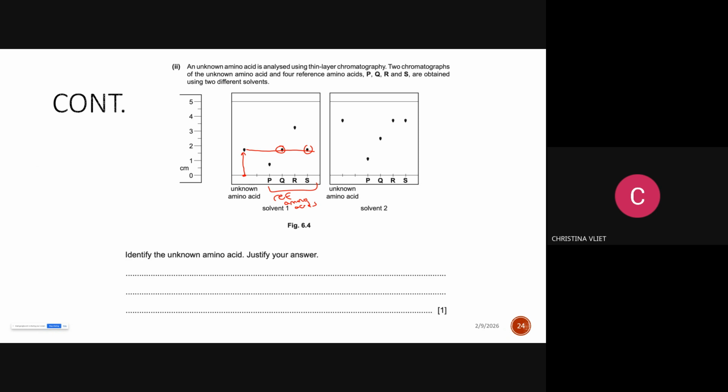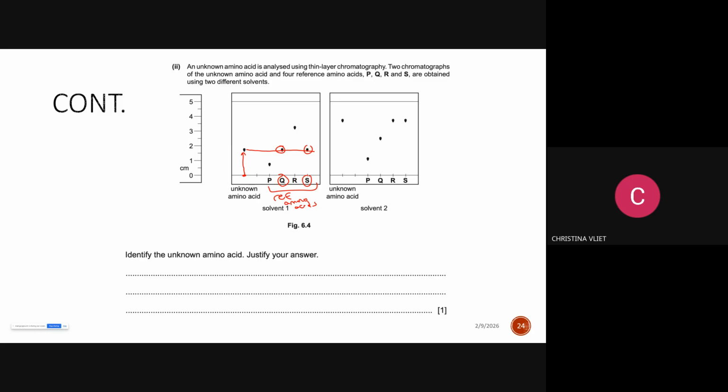So that's the first one. It says it could either be Q or S. If you think about it like that, it's like suspect P, suspect Q, suspect R, suspect S. We don't know what they are. So it's one of these 2. And then you can think of solvent 2 like your second witness. Your second witness sees the different ones.